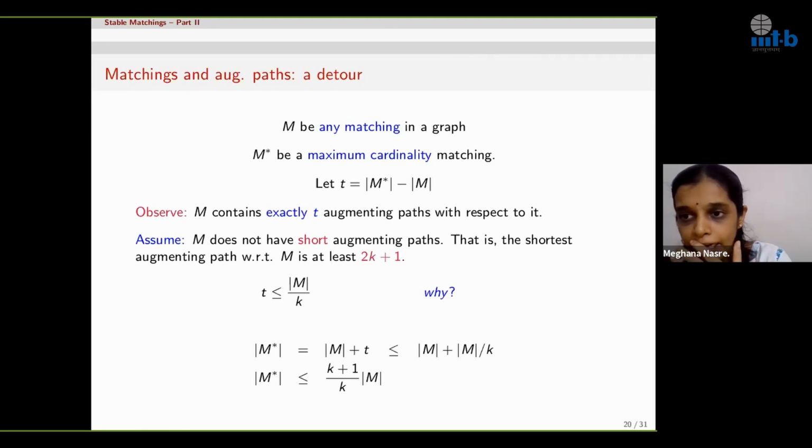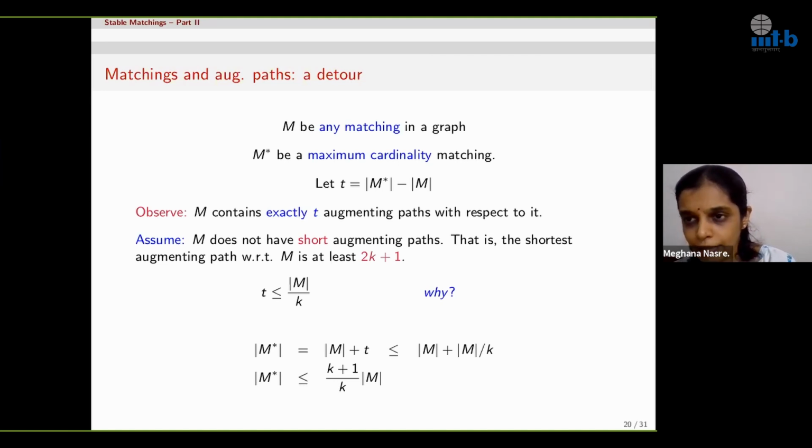But we want it the other way. We want to say that m is greater than or equal to k over k plus 1 times m star. That is, m is at least k over k plus 1 times the cardinality of m star, which means that it is a k over k plus 1 approximation to m star.